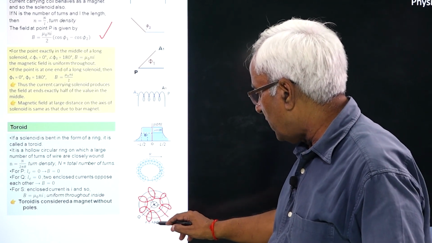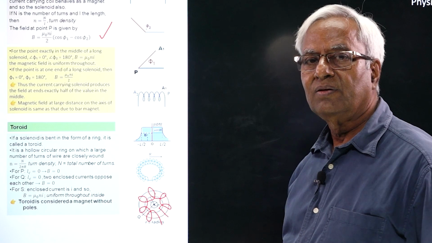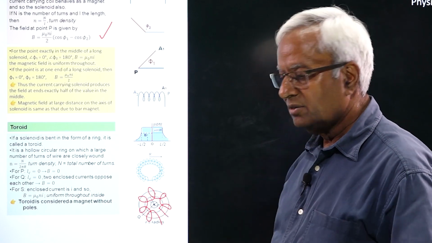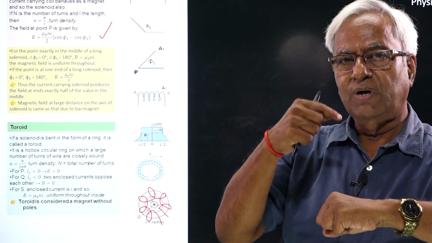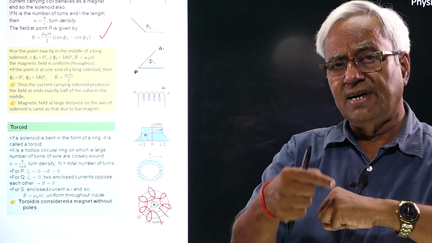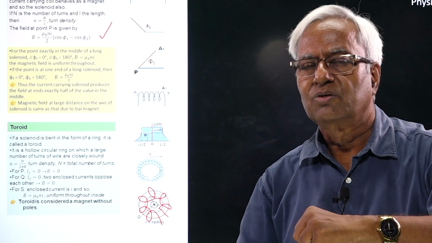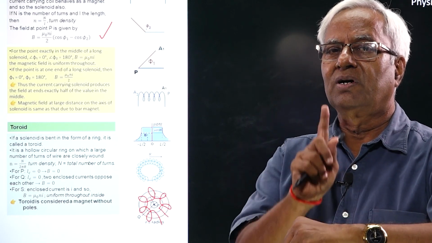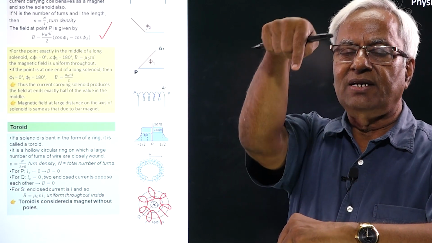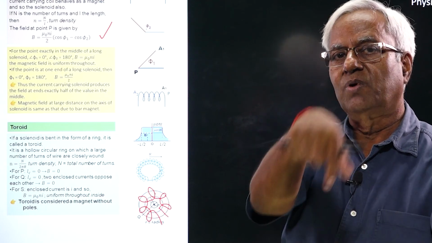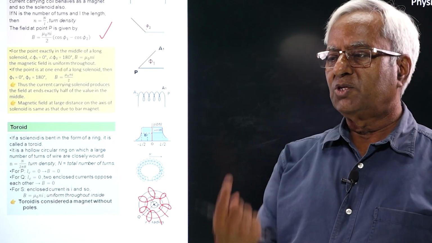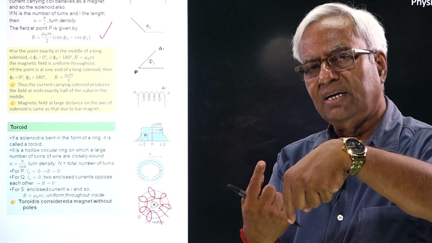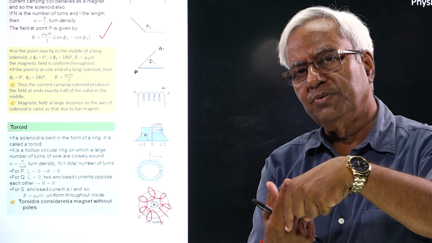If you consider a point outside, here the solenoid this way, the wire has been circulated around it, the current is going vertically upward, and on the other side it is going vertically downward. That means overall no current is there. One is plus I, the other is minus I. The sum of the two is going to be 0.